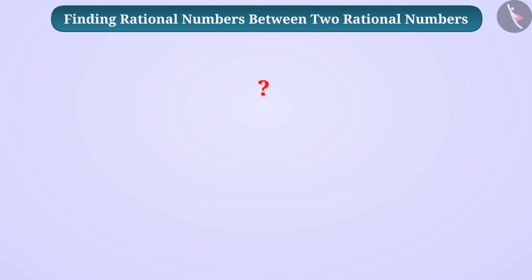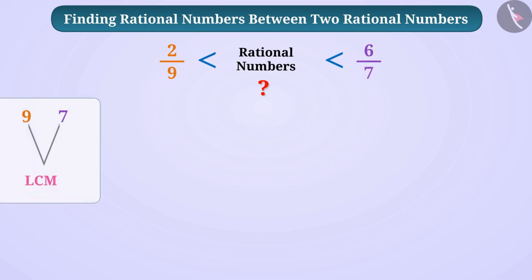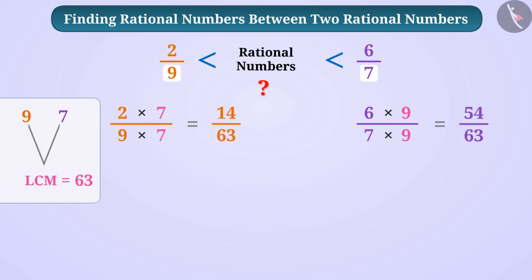Suppose we have to find rational numbers between 2 by 9 and 6 by 7. For this, we will first make the denominator the same for both rational numbers. Since LCM of denominator 9 of 2 by 9 and 7 of 6 by 7 is 63, therefore we will multiply numerator and denominator of each rational number by a suitable number to make the denominator of rational numbers as 63.